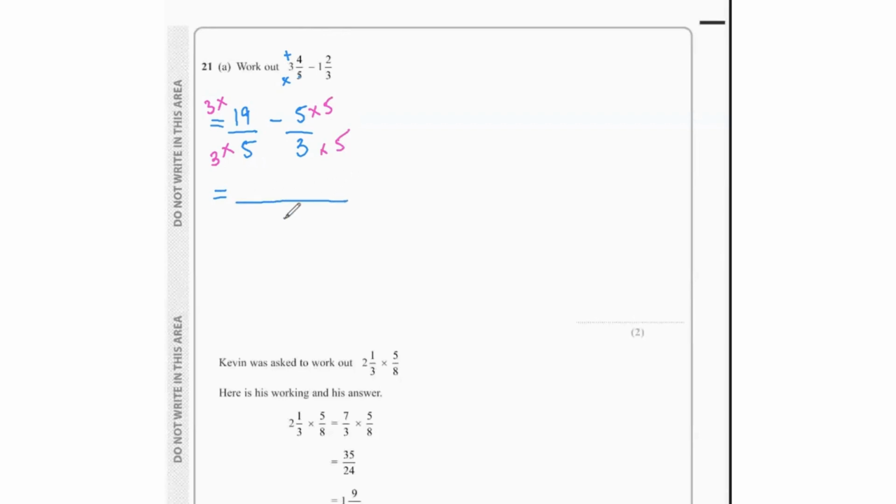That's going to give us 15 in the denominator. And for the numerator, 3 times 19 is 57. And 5 times 5 is 25. 57 minus 25 is 32 over 15, which in mixed numbers is 2 2/15. That's your answer.